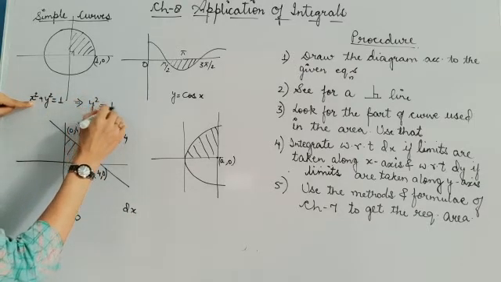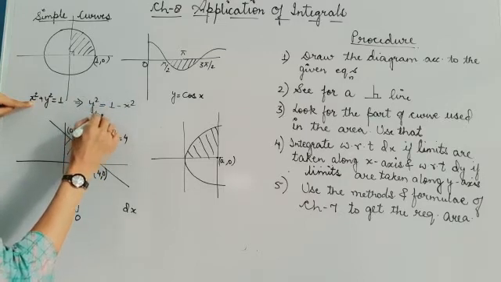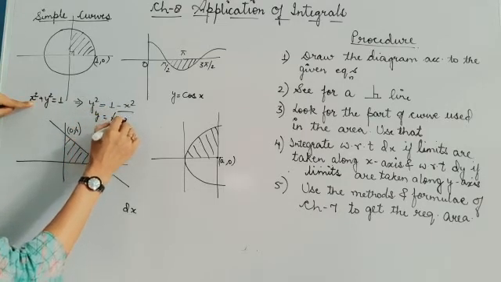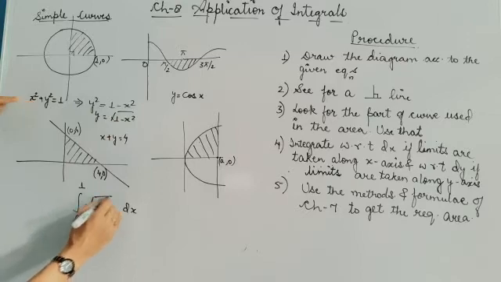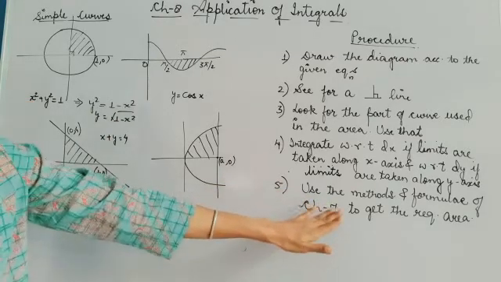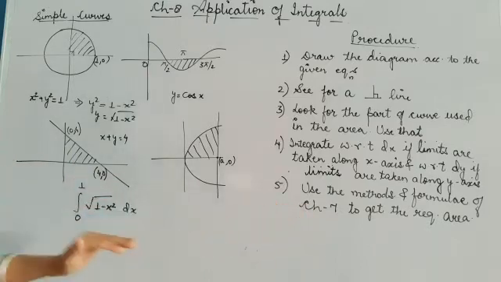So y squared equals 1 minus x squared, and y equals under root 1 minus x squared. This is the function whose integration you have to do. Now use the methods and formulae of chapter 7 to get the required area. Here you will be using the formula for under root a squared minus x squared, and then you will put in the limits and solve it.